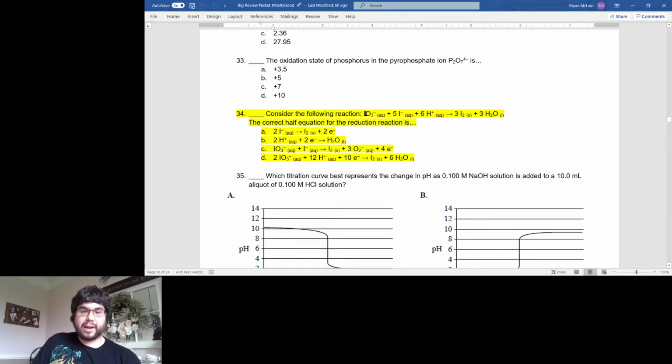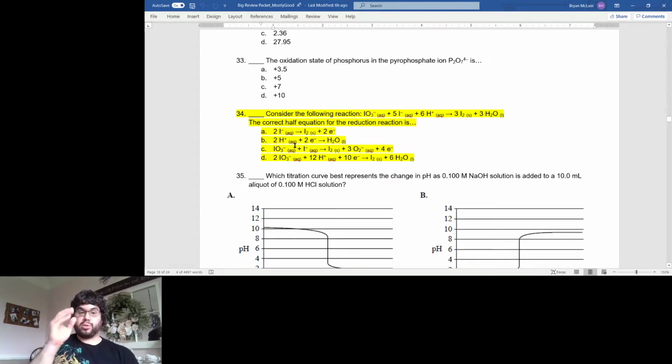So this iodine here is becoming 0 when we go over to the I2. So therefore, the IO3- is the one that's being reduced. H+ over here is +1, and then over here in water, it's still +1 because oxygen is -2 and there are 2 hydrogens, so they'd have to be +2. So IO3-, that iodine is the one that's being reduced.